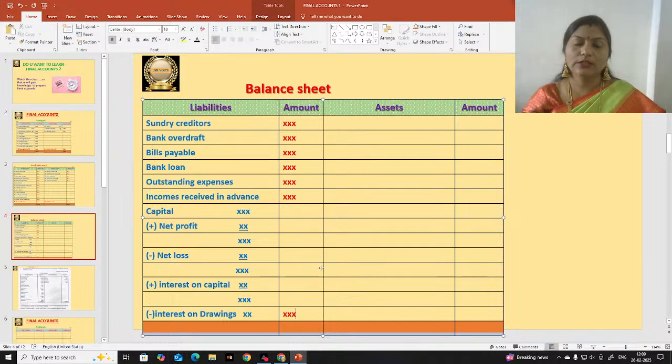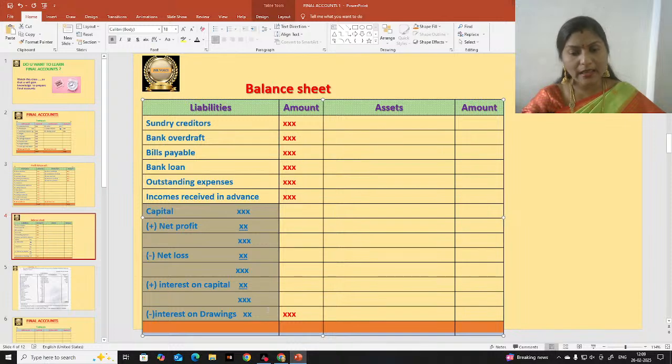So these are the adjustments related to capital. After writing capital, net profit we add, net loss we deduct, and interest on capital we add. Remember, interest on capital we should add, and interest on drawings we should deduct. Drawings also we should deduct, not only interest on drawings.